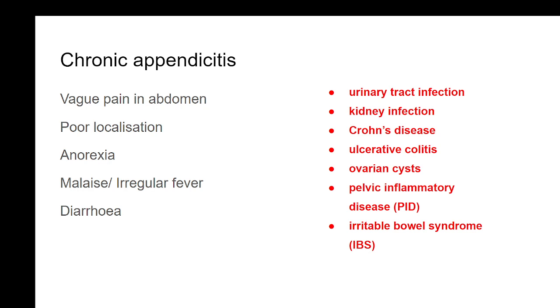In patients presenting with these symptoms, it's important to rule out urinary infections or nephritis or Crohn's disease, ulcerative colitis, ovarian cysts, or pelvic disorders, or irritable bowel syndrome. These are all the conditions which may mimic the clinical presentation of chronic appendicitis, and they need to be ruled out.